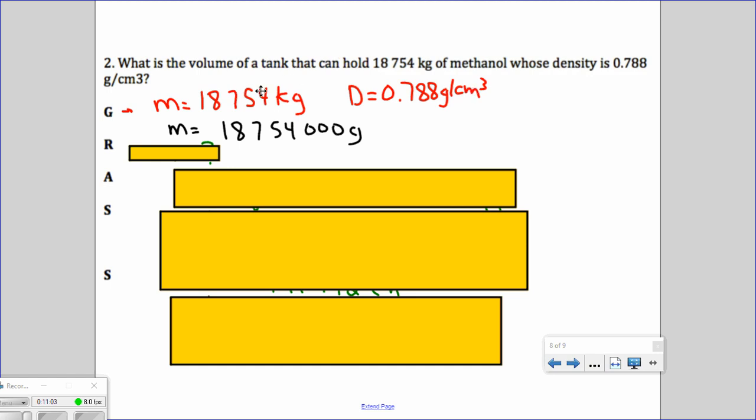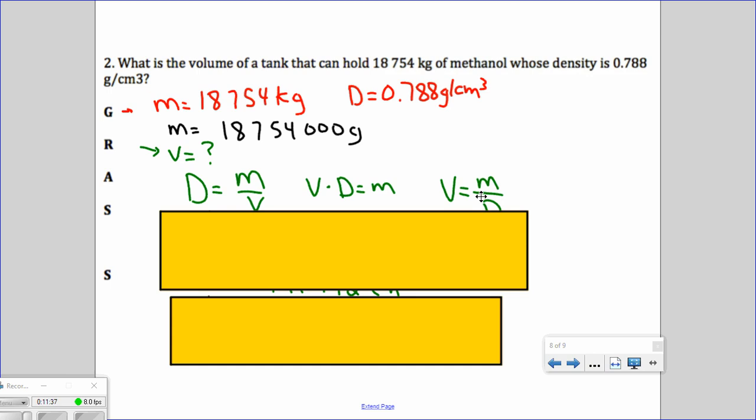In this case, our mass is in kilograms, so we will have to convert that into grams. Keep in mind that 1 kilogram is made up of 1,000 grams. So to go from kilograms to grams, we multiply by 1,000. When we do that, we get 18,754,000 grams.